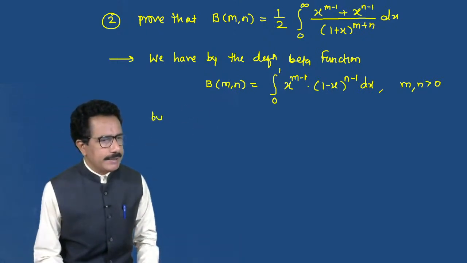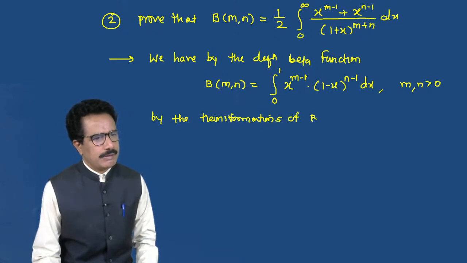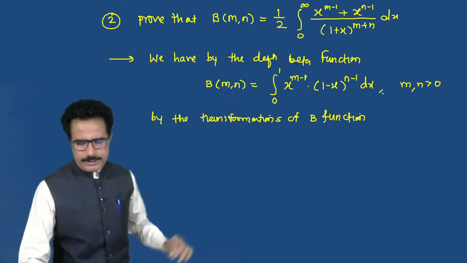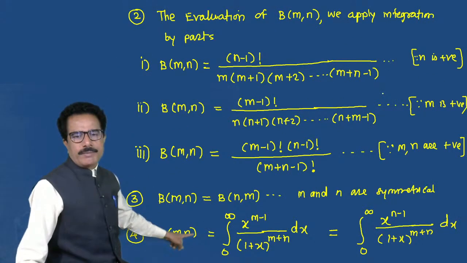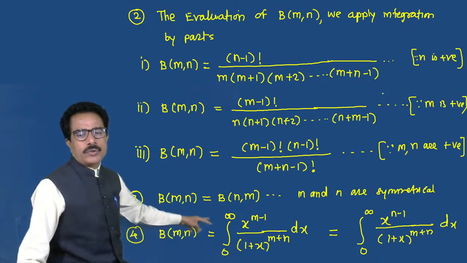By the transformation of a beta function, we have seen that we can write the beta function in the form of 0 to infinity.